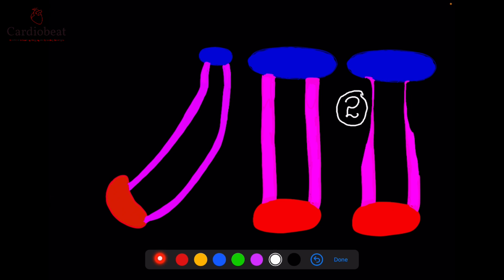You could see the proximal portion of the umbilical vein system, which is draining into the sinus venosus, is getting regressed. So as we know, this is the placenta and these are the right umbilical vein and left umbilical vein.